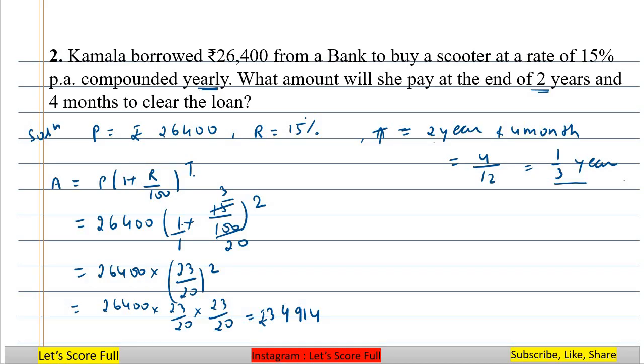Now we are also left with 1 by 3 year, so we need to calculate simple interest for this time period on this amount. At the end of 2 years you are getting this amount, but still there are 4 months left. 4 months means 1 by 3 year. So simple interest on 34,914 at the rate of 15%, and time period is 1 by 3.